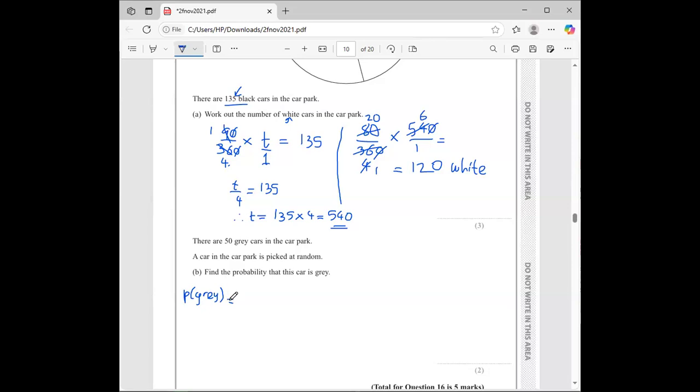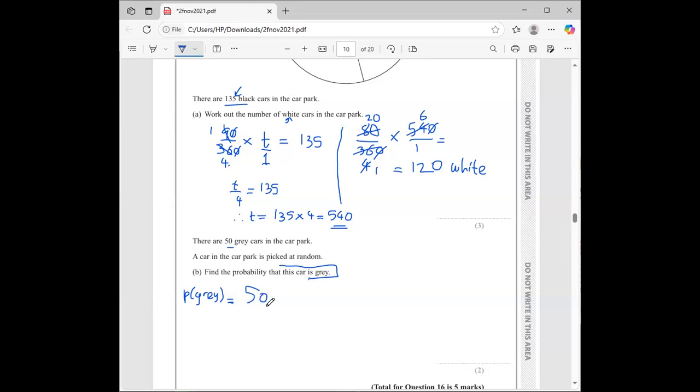I told you the required event depends on the question. In this case, the question is afterwards, gray. So that's the required event: the probability that the car is gray. So how many gray cars do we have? We are told that there are 50. So just put your 50 there on top.